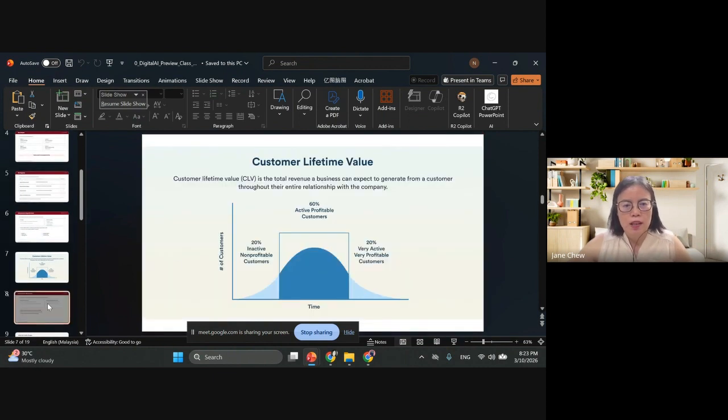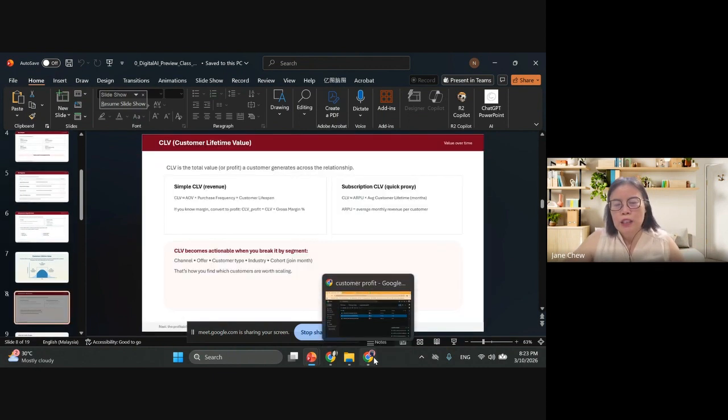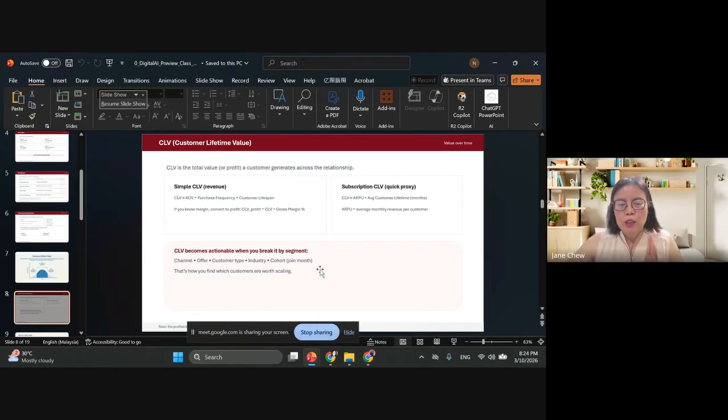Why do we need to know about this? That is because sometimes when we chase sales or advertise online, we probably just look at how much return we get from a particular ad campaign. But if we calculate based on just one campaign, most of the time we dare not invest in ads because we think it's so expensive, right?